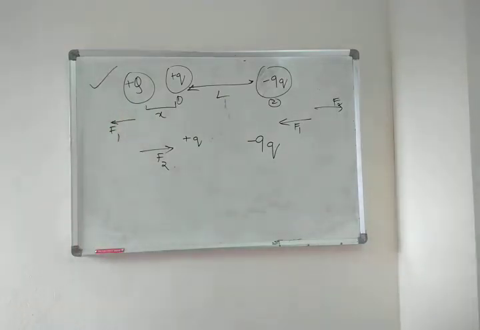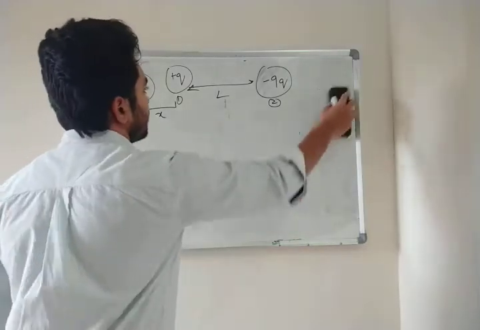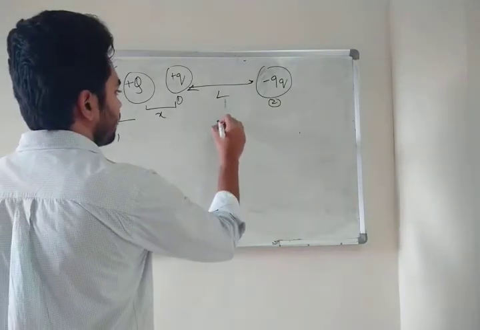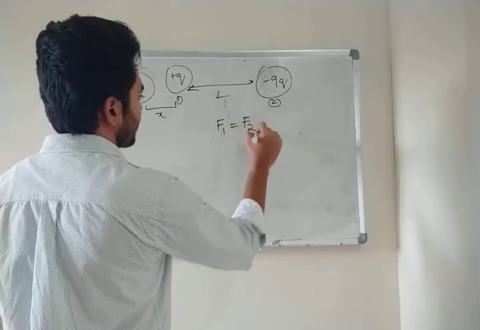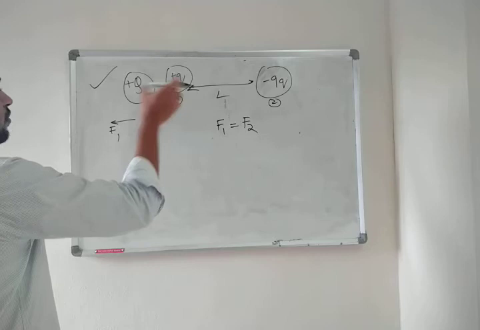Understood? So let us solve a sum on this. Now the same case we are going to find out what is the distance here. So again, as a previous step, F1 equal to F2. F1 means this force on this one.